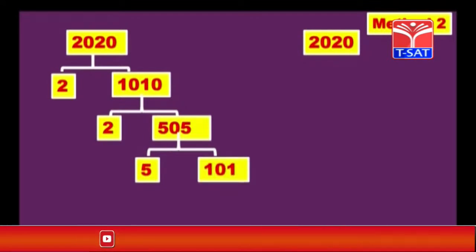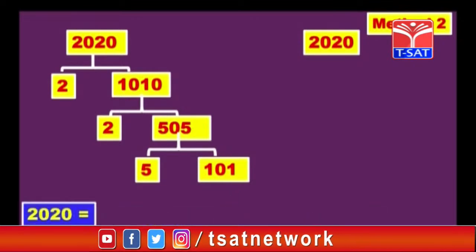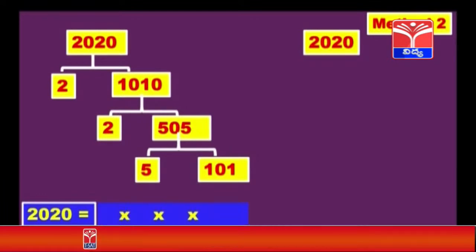Here 101 is a prime number, so we stop the process. So in the prime factorization, 2020 = 2 × 2 × 5 × 101.